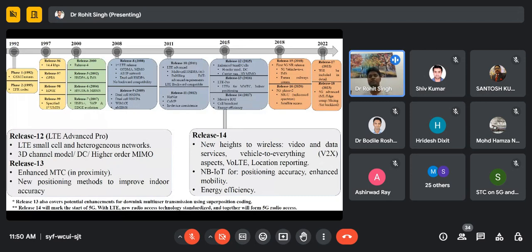That means in the previous generations you used to have different paths for voice and different paths for data. Now you can transmit your voice on the same path where the data flows, because now you can convert your voice into data and that goes onto the LTE network, which is why it is known as voice over LTE. And again, more emphasis is given to energy efficiency.